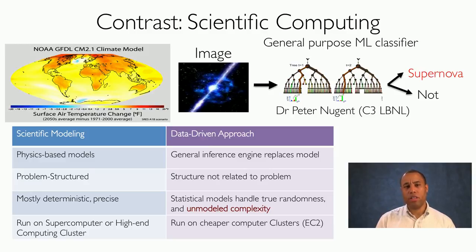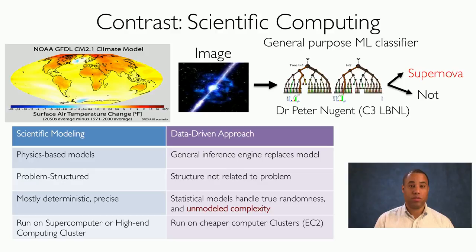In scientific modeling, we build physics-based models, and we use those to derive properties of our data. In a data-driven approach, we build general inference engines instead of these physics-based models.